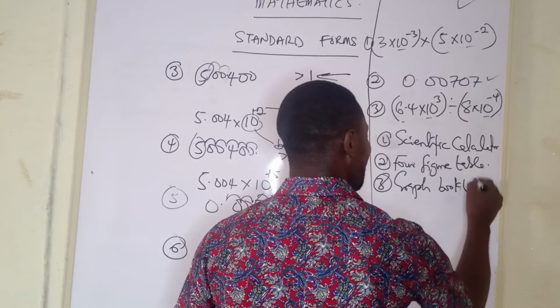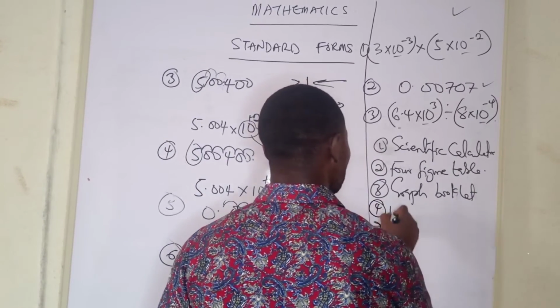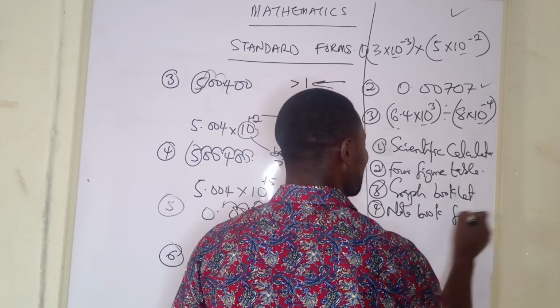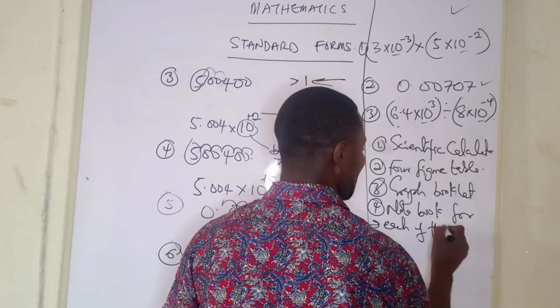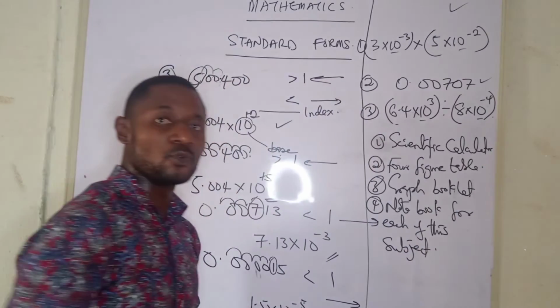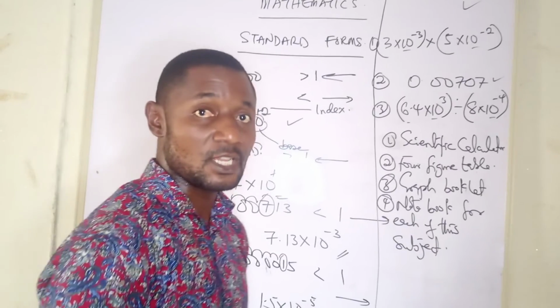Graph booklet. And number 4, you should have a notebook for each of these subjects. This will help you not to mix up the physics, the maths, the chemistry, and the further maths together.